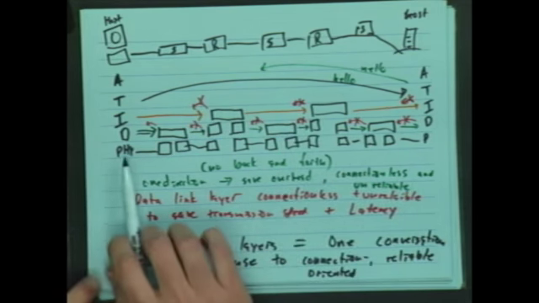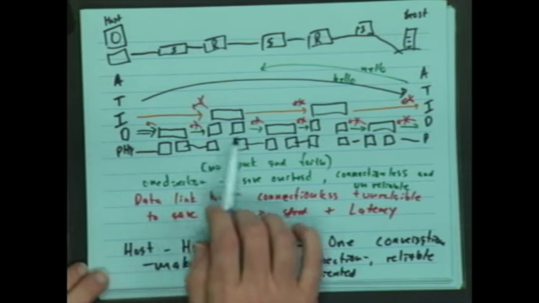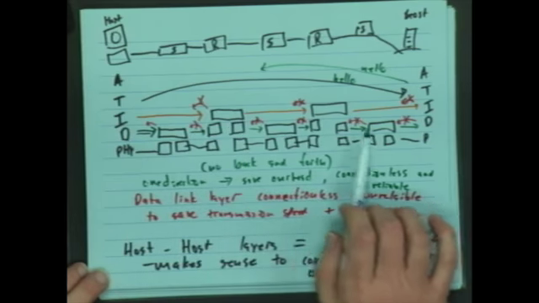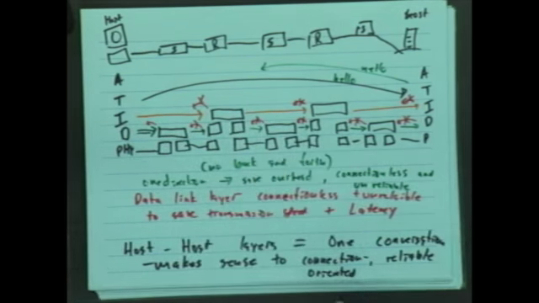So these we call hops. Every time we go between a device, you call that a hop. So these lower layers, we call them hop by hop layers. And these top layers, we could just call them host to host or end to end. I think they're end to end. Okay?